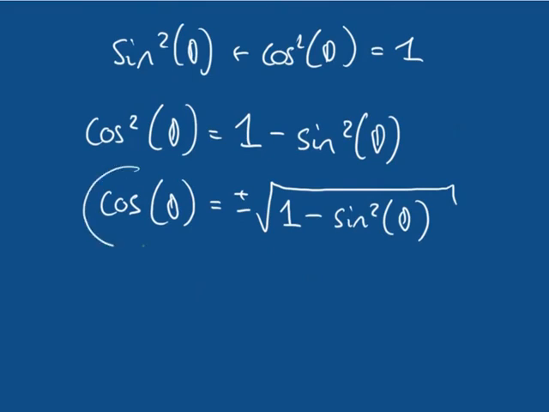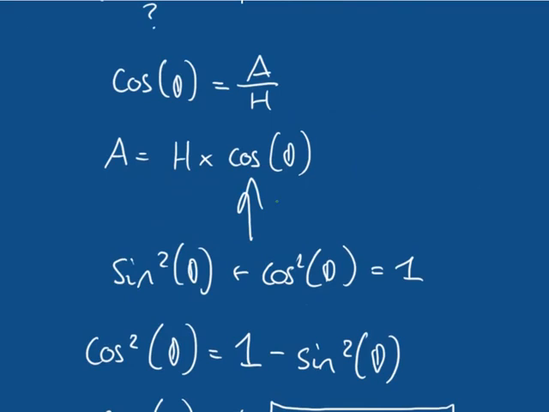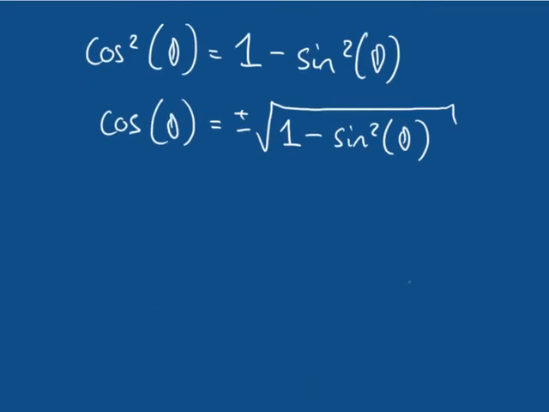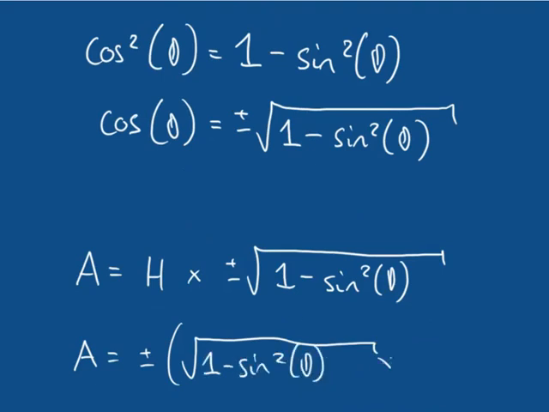But we now have this value of cosine of theta. Because we have this value of cosine of theta, we can plug it back into our equation, and that tells us that the adjacent is equal to the hypotenuse times either the plus or minus root of 1 minus sine squared theta, which can be more cleanly written as the adjacent is equal to plus or minus the square root of 1 minus sine squared theta times our hypotenuse, because if we had a minus here, we'd simply take the hypotenuse times the minus.